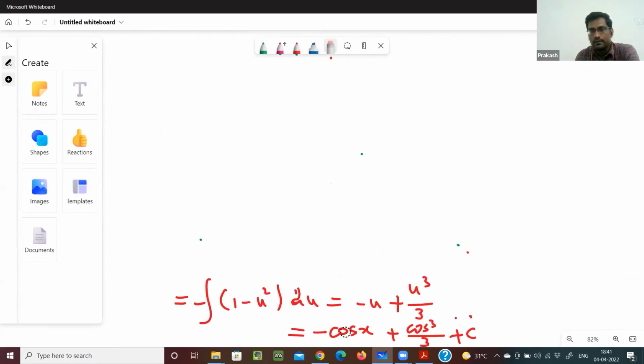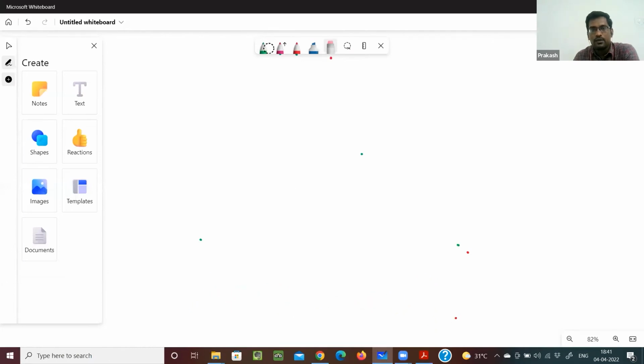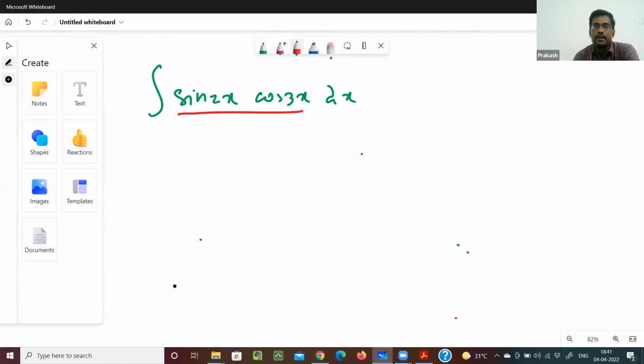So this is the integral of sine 2x cos 3x. This one is given. Only here we need to think what identity we need to use. We know many identities, the sine 2x identity, the cos 3x identity, but if we use them, the product term will come again, so we need to avoid that.